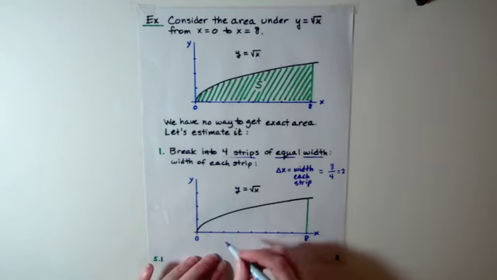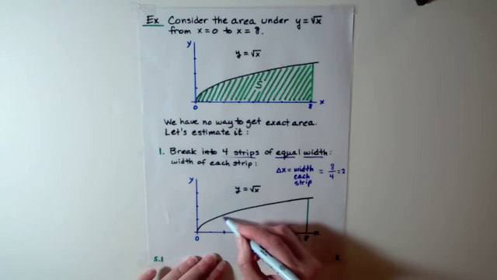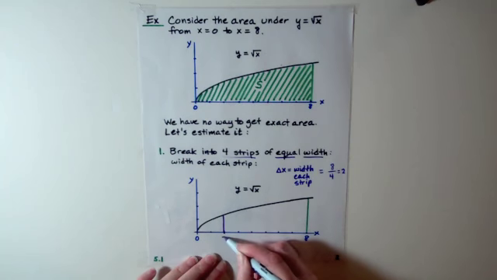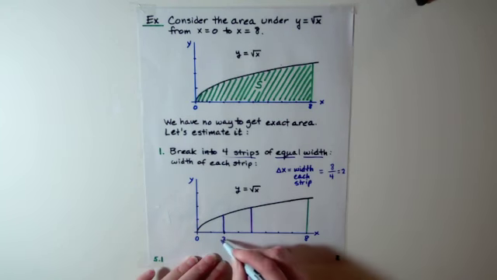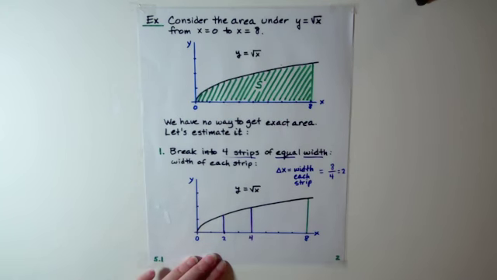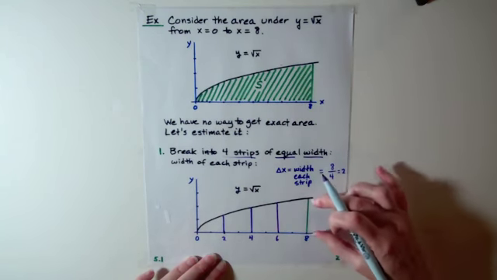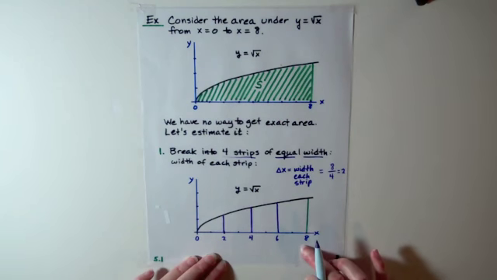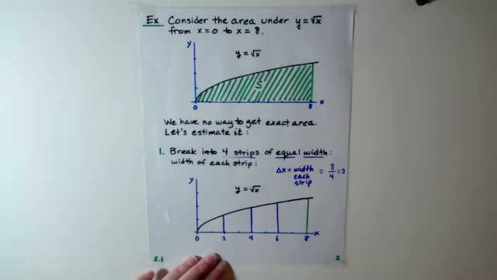So let's go ahead and mark that off. I'm starting at 0, and I'm going to have one strip that ends at 2. I'm going to have another strip that ends 2 units more to the right, so that'll end at 4. A third one that ends at 6, and my last strip is going to end at 8. And you notice that these are 4 equal length strips.